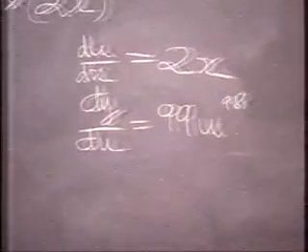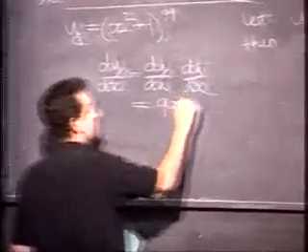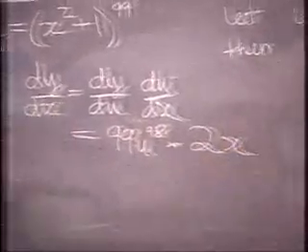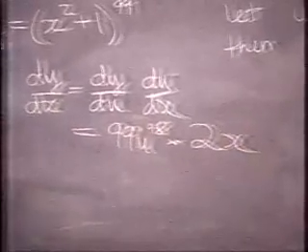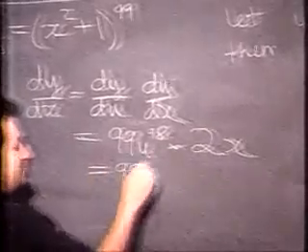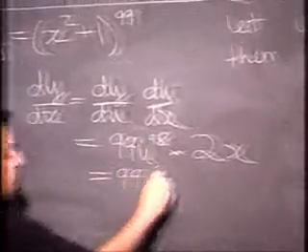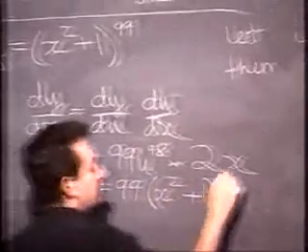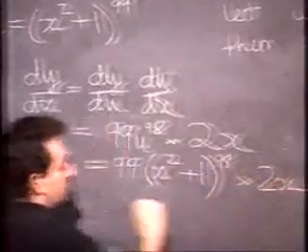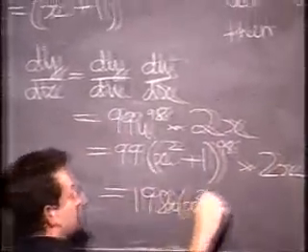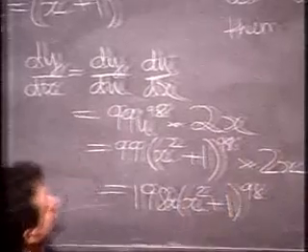So, of course, this product, dy/du, is 99u to the 98, and du/dx is 2x. And you might think that's the answer, except that you're not allowed to just leave that u there. You need to resubstitute back for u in terms of x. And we know u is equal to x squared plus 1. So, of course, we end up with our same answer, 198x, x squared plus 1 to the power 98.